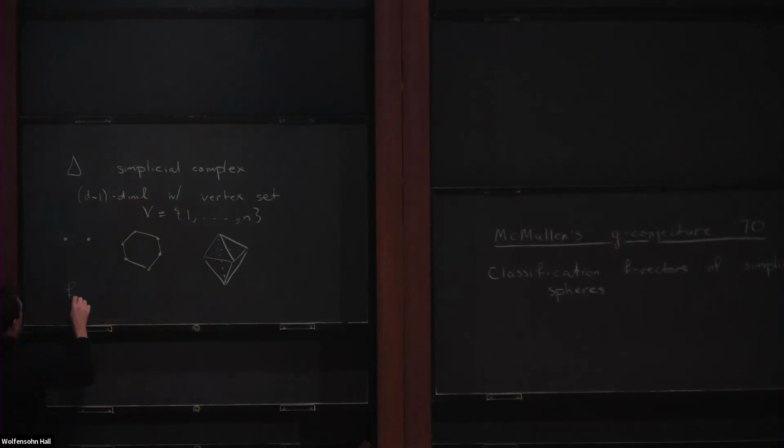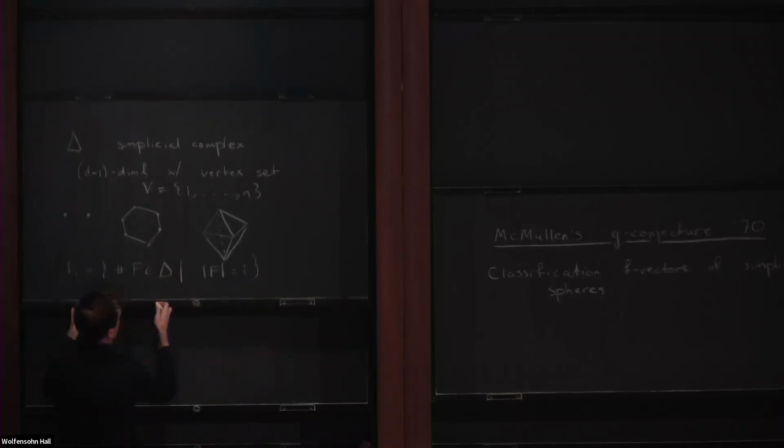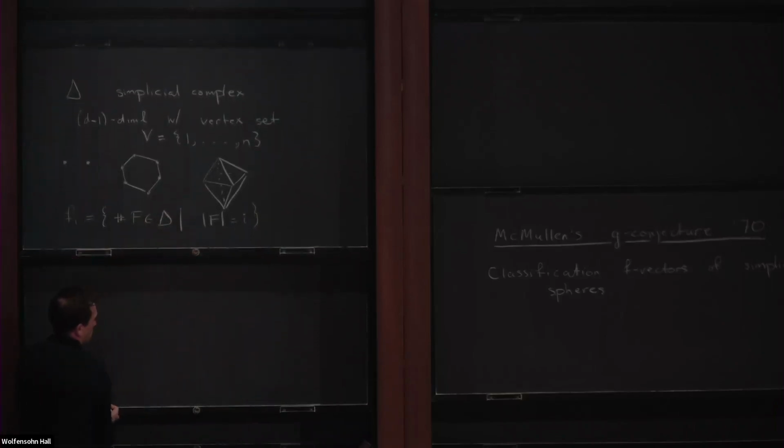And for this talk, the thing that I need is F sub I, the number of faces of the simplicial complex whose size, and by size I mean the number of vertices they contain, is I. So for example, F sub 0 is the number of faces with no vertices, and that's just going to be the empty face. So F sub 0 is always 1.